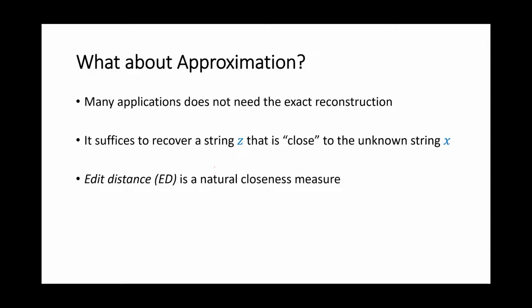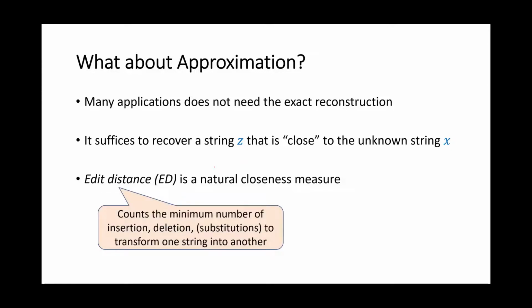We perform insertion and deletion. So it is natural to consider something that counts the number of insertion and deletion operations. That is why the edit distance is the most natural one here.